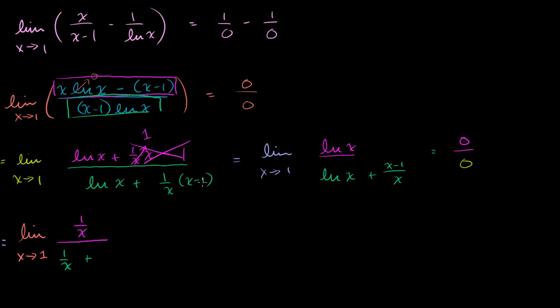You could view it as x to the negative 1 times x minus 1. We'll take the derivative of the first one times the second thing, and then the derivative of the second thing times the first thing. So the derivative of the first term, x to the negative 1, is negative x to the negative 2 times the second term, x minus 1, plus the derivative of the second term, which is just 1, times the first term, plus 1 over x.